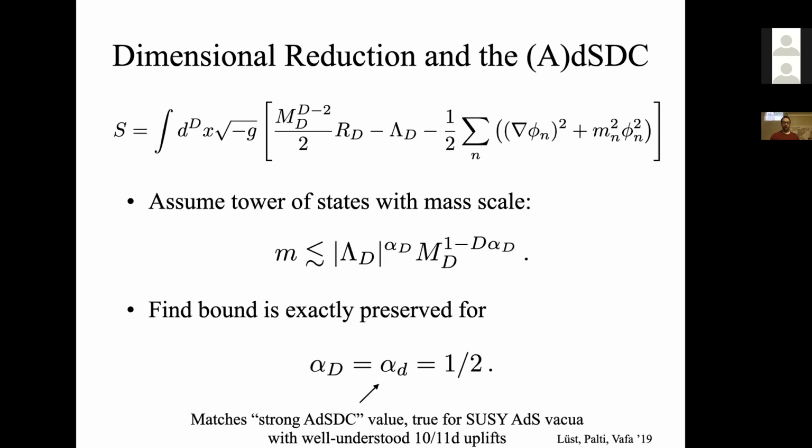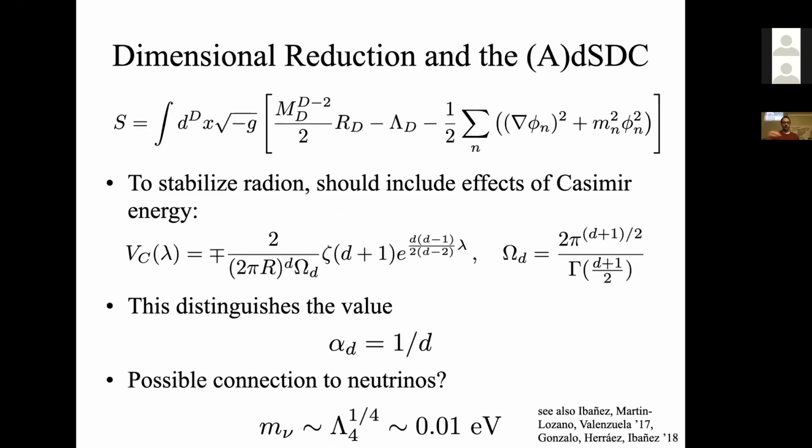Now, this previous slide was done entirely at the classical level, but at the classical level, the radion is not stabilized. So if we actually want an AdS or a dS vacuum in lower dimensions, we need to stabilize the radion. The easiest way to do this is to include the effects of the Casimir energy at one loop, which looks like this.